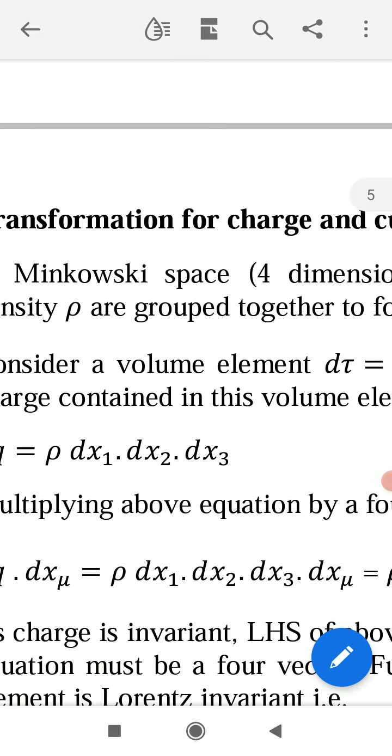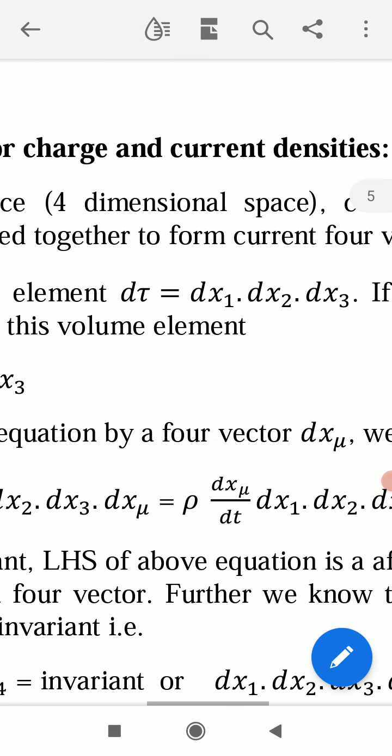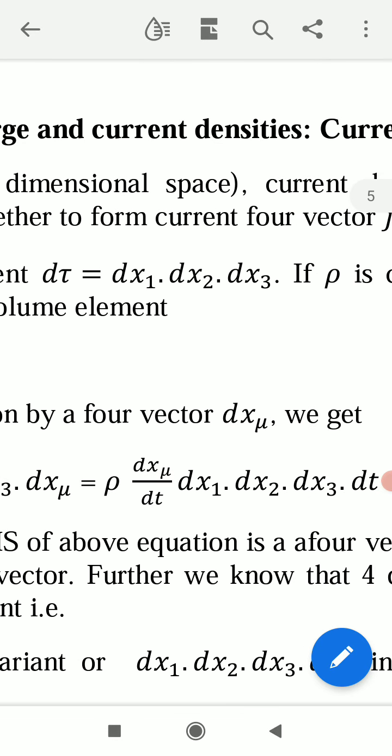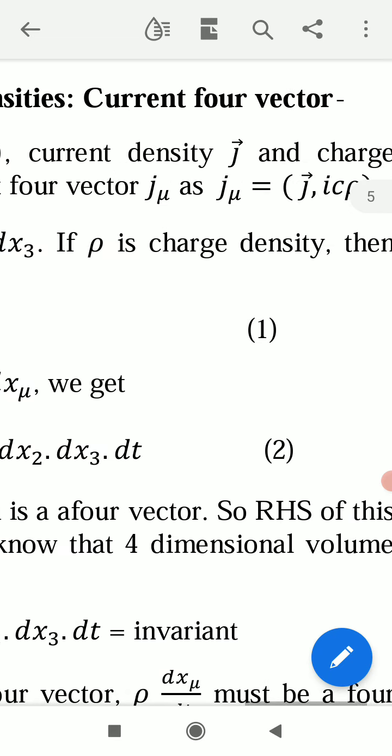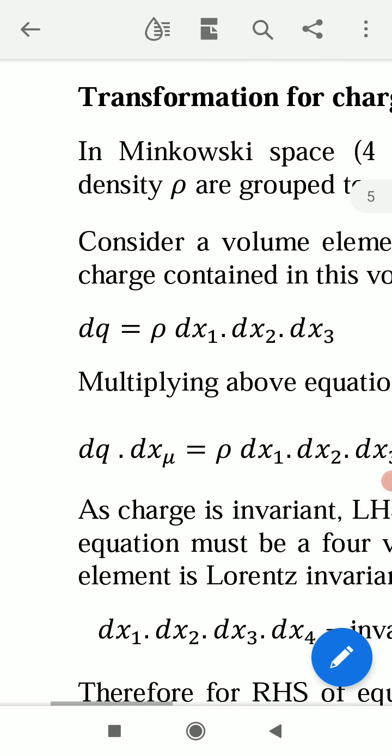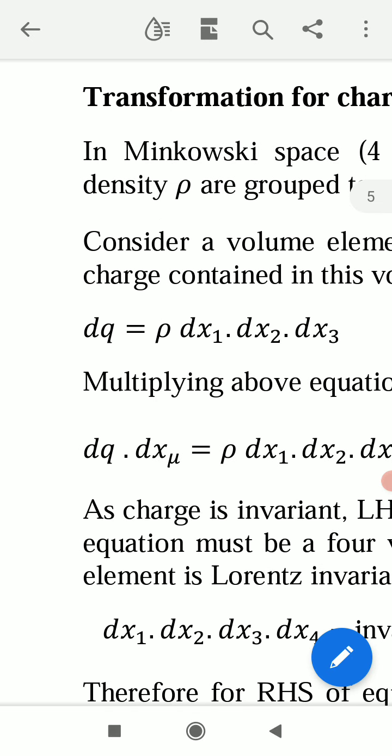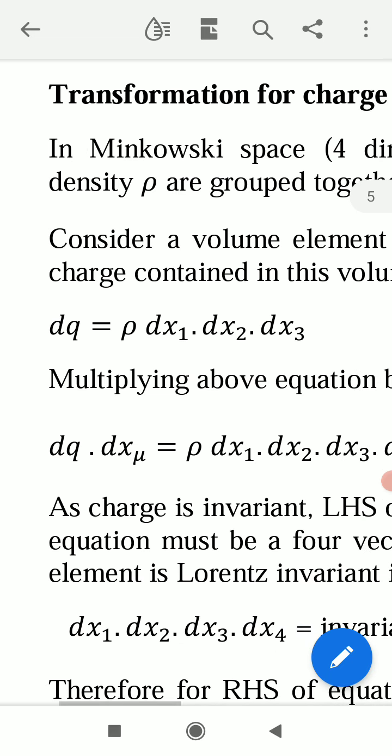Consider a volume element d tau equal to dx1, dx2, dx3. If rho is charge density, then the charge in this volume element dq is given by dq equal to rho dx1 into dx2 into dx3.